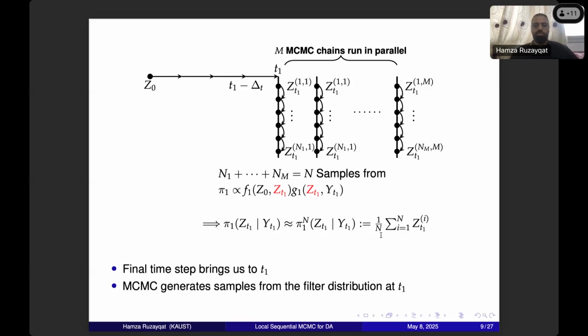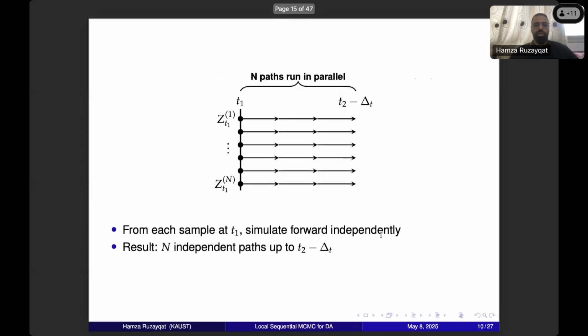Now for the next time steps, it's more complicated. So now you have N samples stacked in one vector. You forward all of them in time in parallel. As I said, if you have N cores, then this is going to be cheap until you reach t2 minus delta t.